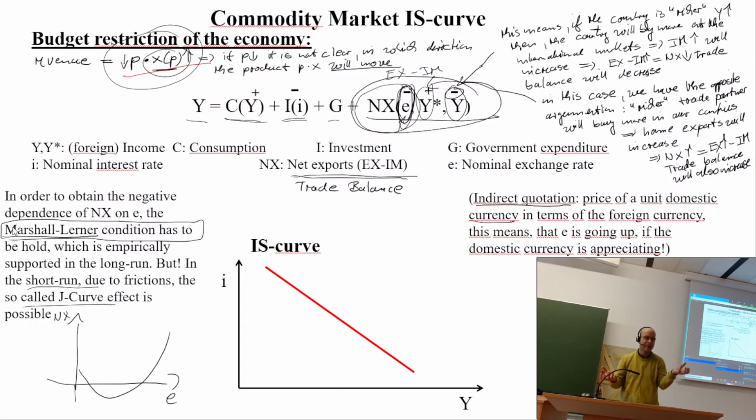And then the result depends on the elasticity. If you're increasing prices by 1%, does your quantity decrease more than 1% or less than 1%? And this just depends on the demand elasticity. Is this in absolute values less or larger than 1?